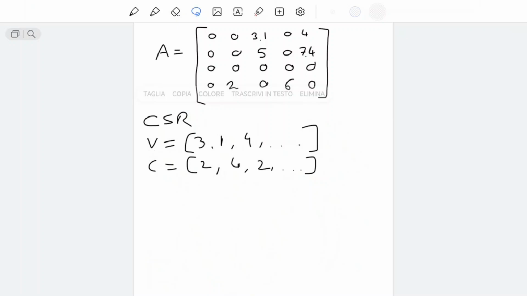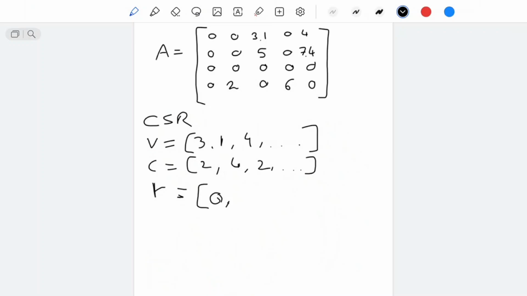And in the row vector, we compute how many non-zero elements there are. So the first element, the element in the zeroth position, is 0 by default.